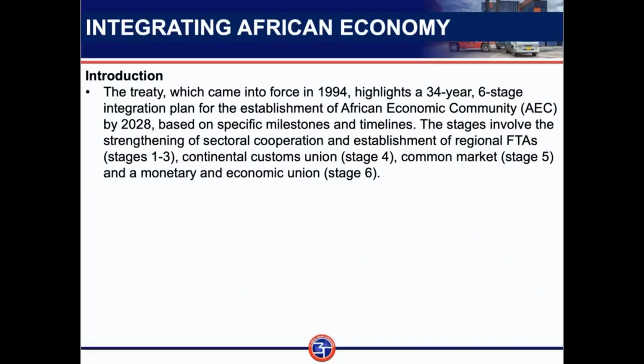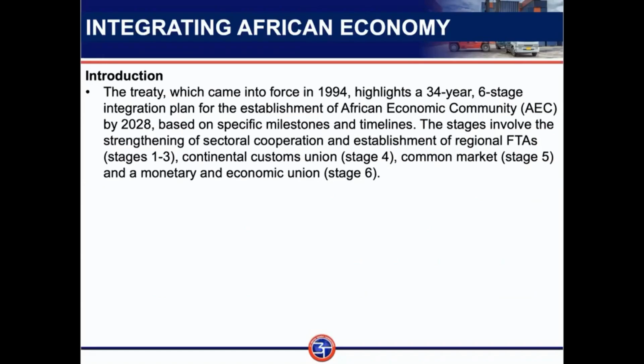The treaty, which came into force in 1994, highlights a 34-year, 6-stage integration plan for the establishment of the African Economic Community by 2028, based on specific milestones and timelines.